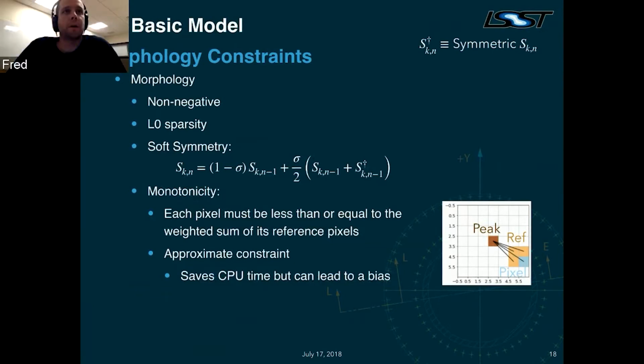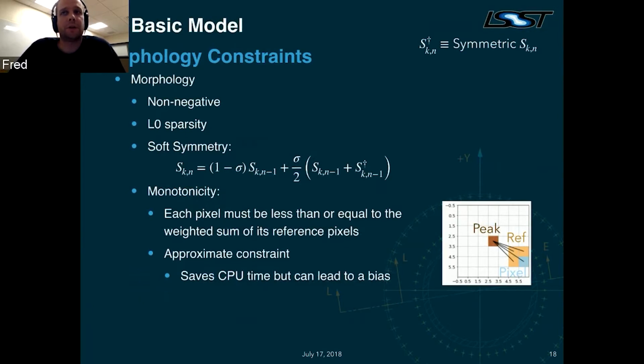So for morphology, as I said, the other constraint we use is monotonicity. If we were to make the analytic monotonic solution and iterate that in each step, it turns out to be really expensive in terms of CPU time. And so we have an algorithm that approximates monotonicity.